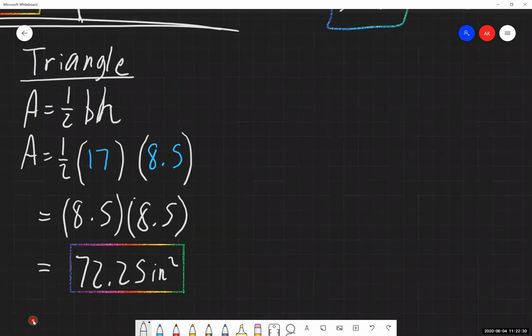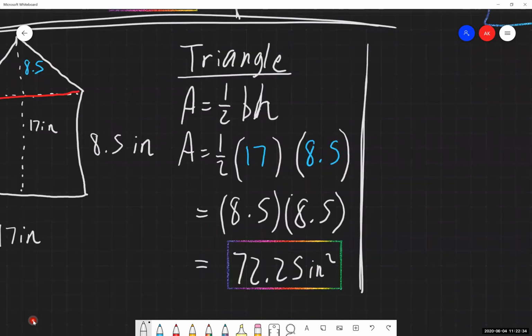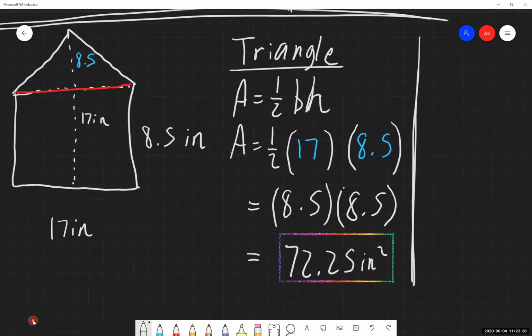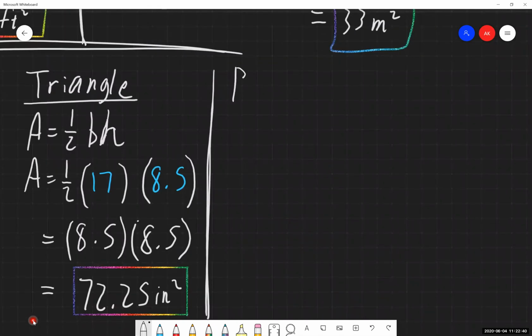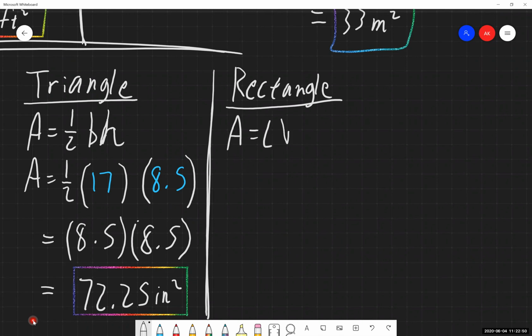So we've determined the area of the triangle portion, and now we're going to solve for the rectangle portion. Our equation for the area of the rectangle is length times width. So all I need to determine is the length of this rectangle and the width of this rectangle, plug those in and solve.